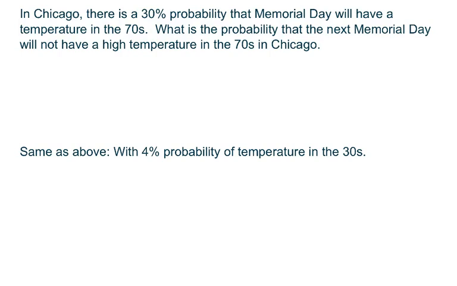we're talking about temperature. In Chicago, there's a 30% probability that Memorial Day will have a temperature in the 70s. So what is the probability that the next Memorial Day will not have a high temperature in the 70s in Chicago? So we're doing the probability of not in the 70s.